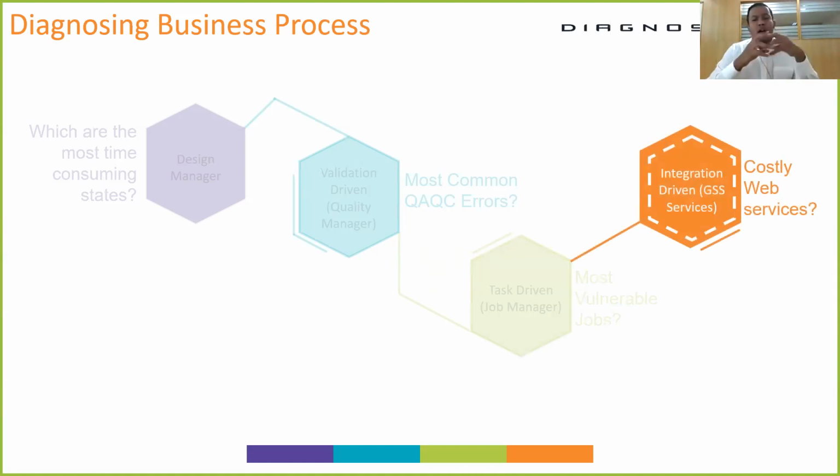Now, let me show you how insights from diagnostics can help make business process more efficient. I'll do that using an example. Imagine a utility that has a few GIS driven business processes and wishes to make them more efficient.